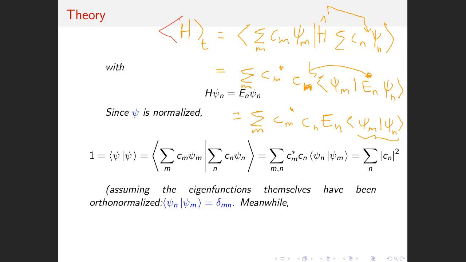Again it is the Kronecker delta. So you are left with the sum over m of C_m star C_n E_n delta_mn. This gives you the sum over m of the mod squared of C_m, and you're left with E_m.